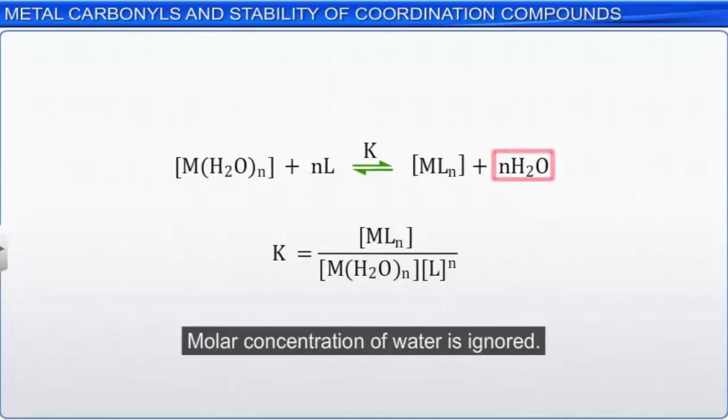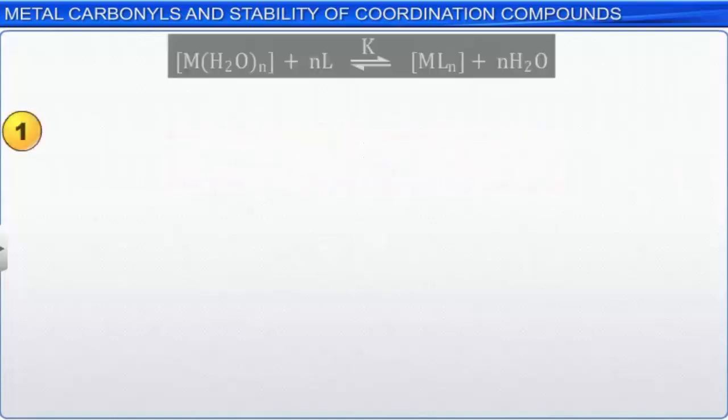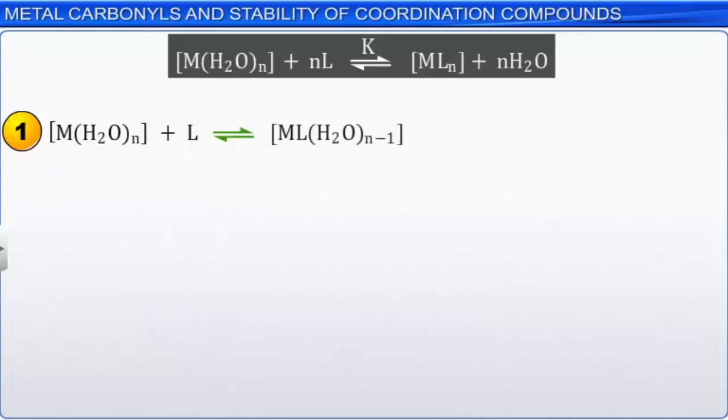The first step may be written as M(H2O)n plus L in equilibrium with ML(H2O)n-1 plus H2O. Stability constant K1 for this step is equal to the concentration of ML(H2O)n-1 divided by the concentration of M(H2O)n multiplied by the concentration of L. The second step may be written as ML(H2O)n-1 plus L in equilibrium with ML2(H2O)n-2 plus H2O.